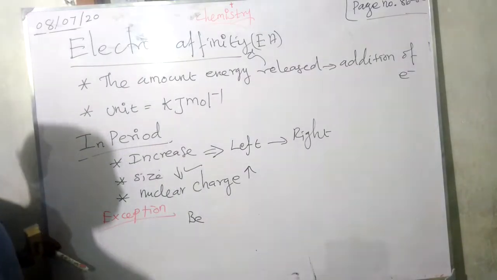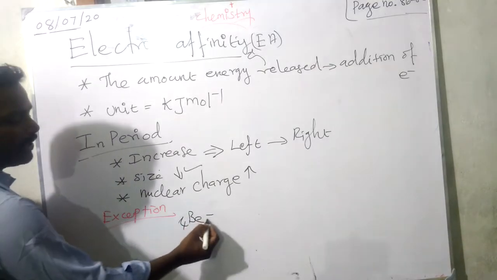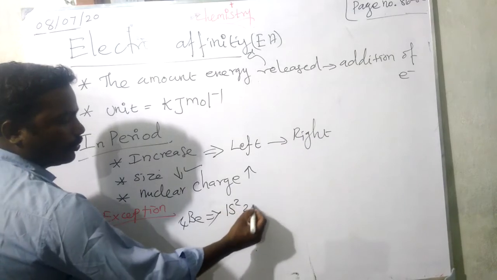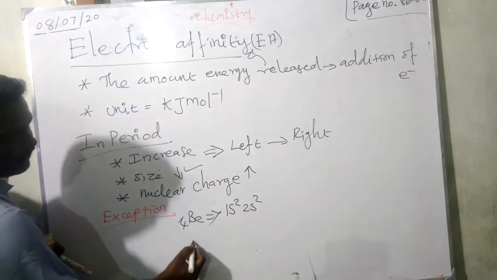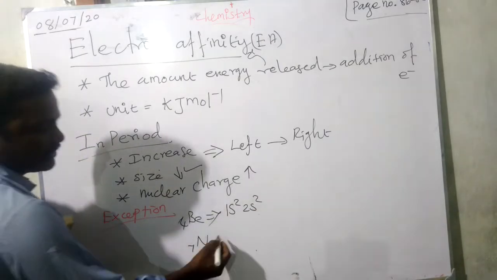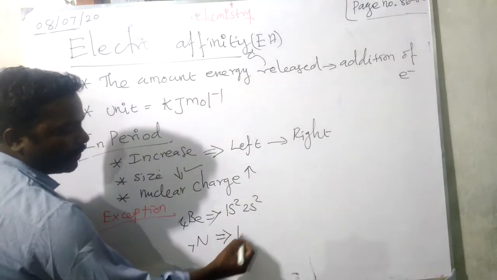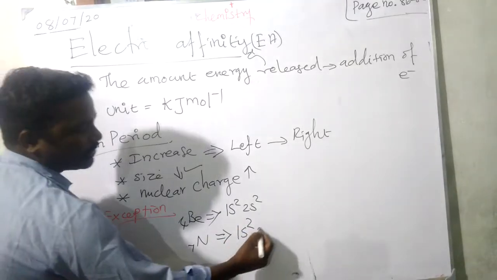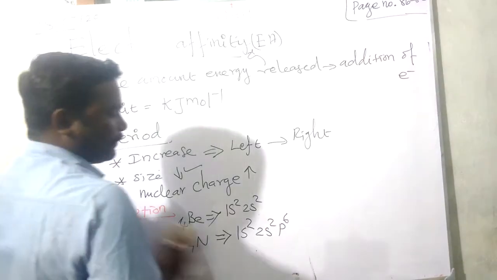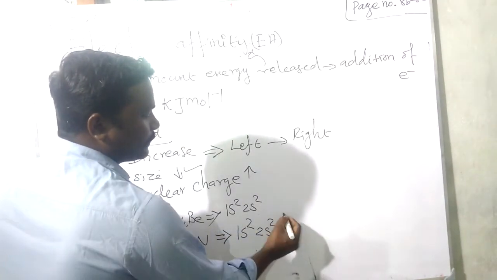Beryllium. What is the atomic number of beryllium? 4. How do you write the electronic configuration? 1s2, 2s2. In the same way, nitrogen. What is the atomic number of nitrogen? 7. What is the electronic configuration? 1s2, 2s2, 2p3.